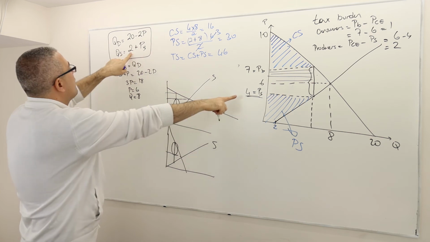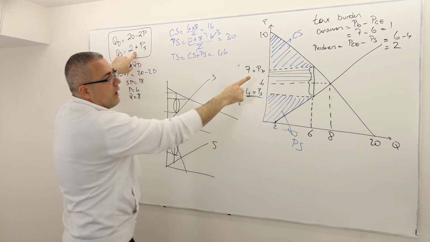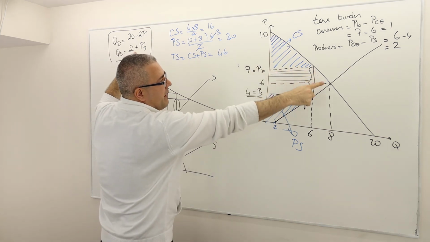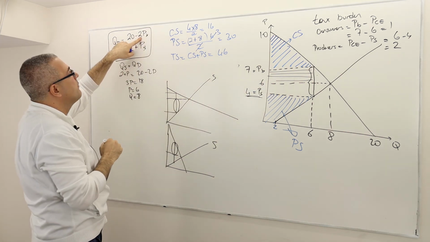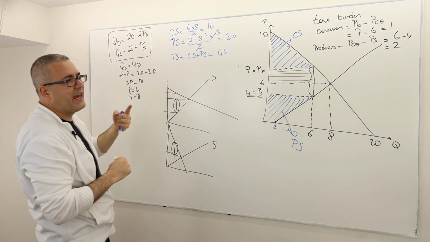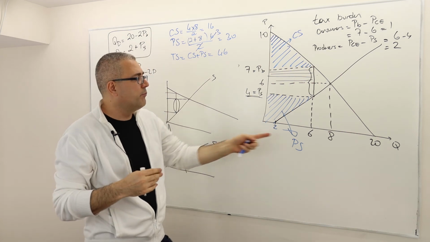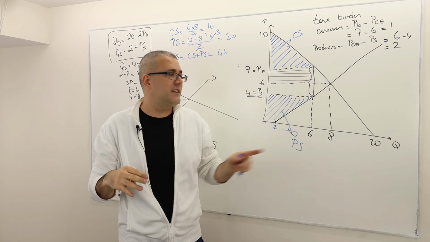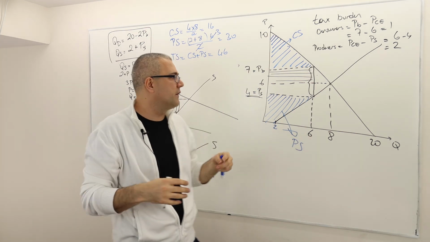So when it's 4, QS is 6. Or alternatively, choose the buyer's price and go to the demand curve, plug in 7. So this is 14, 20 minus 14, again 6. So this is how much good will be traded, much less than 8. Before tax, there were 8 products sold, but now it's going to be 6.